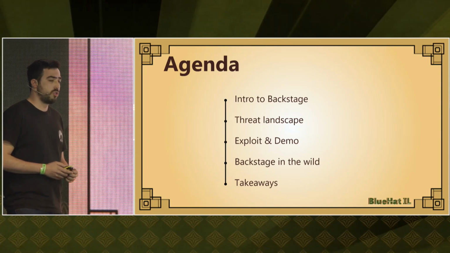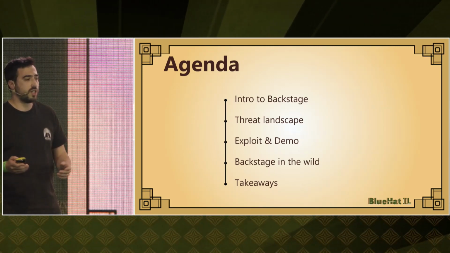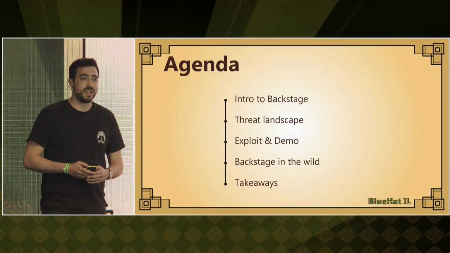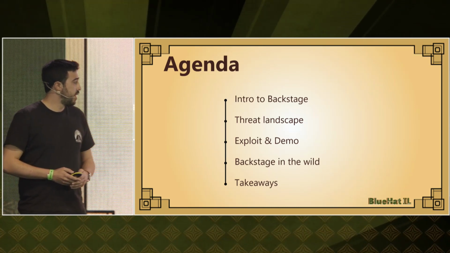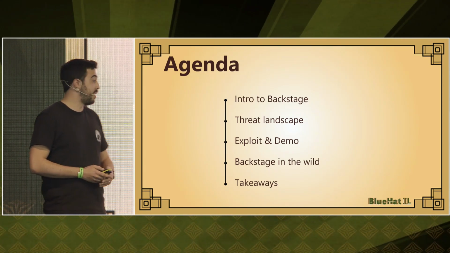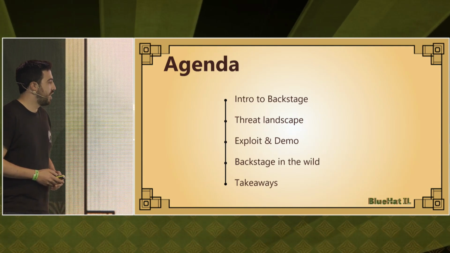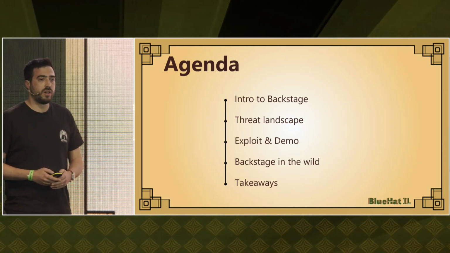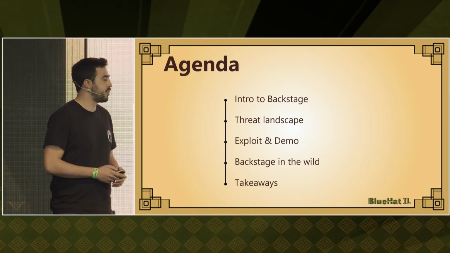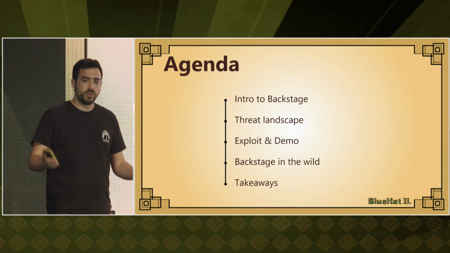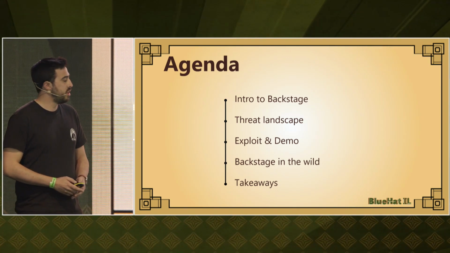Then we're going to show you some information we gathered in our research on Backstage instances in the wild and some wild things we found along the way. And we're going to wrap up with a couple of key takeaways that we found during this research, both for security researchers and for developers.